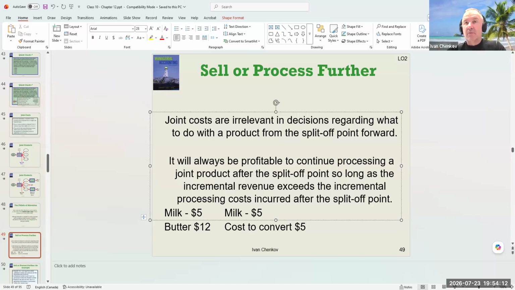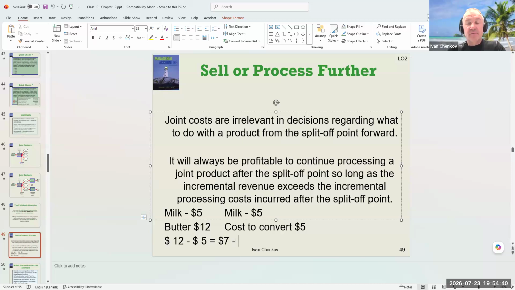Now, we have to use an incremental approach here. So currently, if I sell the butter at $12 versus the $5 that I get as milk, I'm going to generate an additional $7.